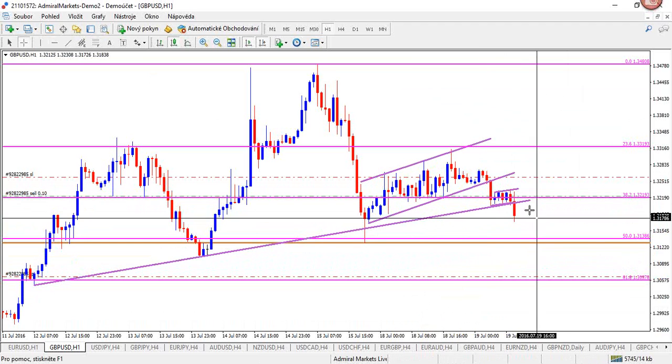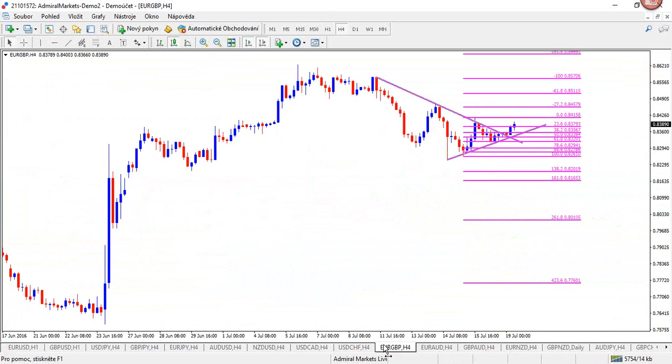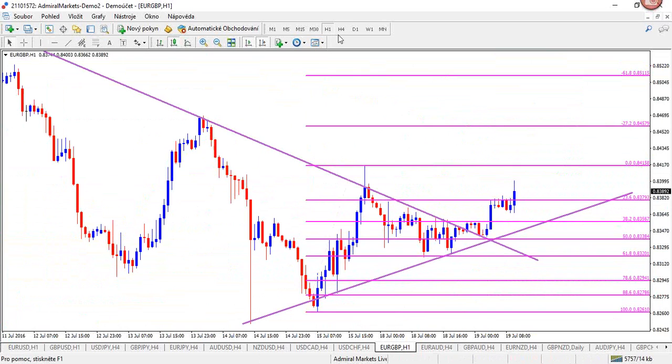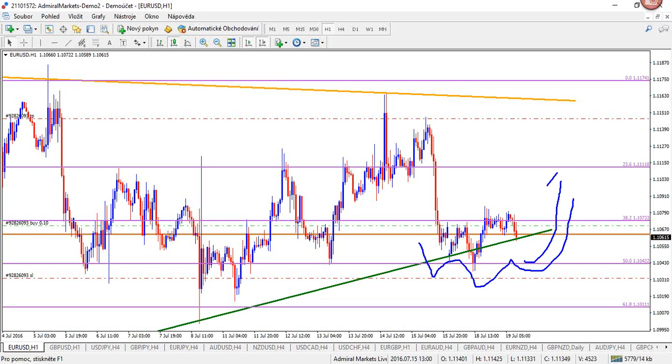That would be good. And the euro dollar obviously is doing not so well at this moment. It's falling as well, but it's falling less than the pound, and that has to do with the euro pound, which is probably moving up, as we see, and it's following through on that upside we were talking about. So yeah, the euro dollar looks a bit worse now at this point, but because it's moving lower and the euro pound is moving higher, it could still respect this bottom here, make a bit of a head and shoulders like this, and then still make that bounce to the upside.